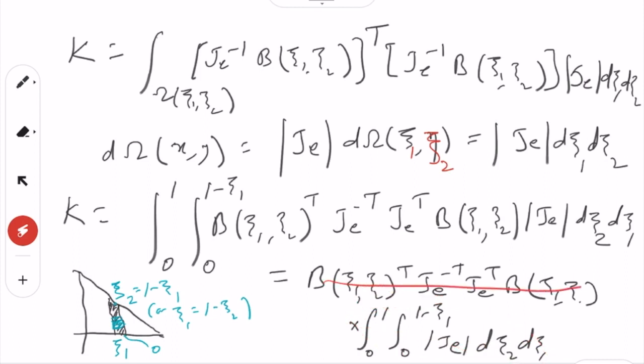Because all of them will be constant, this constant, this constant, this constant, k will have just the constant of this multiplied by the area of the triangle.